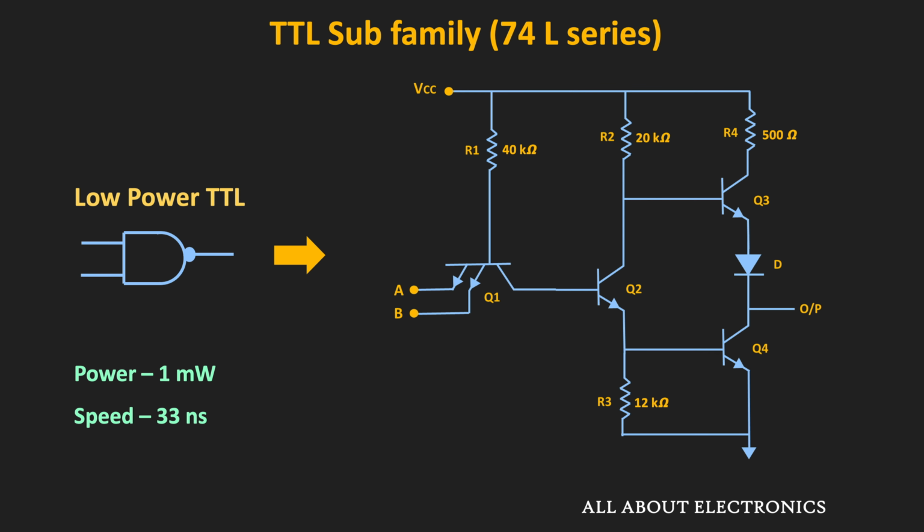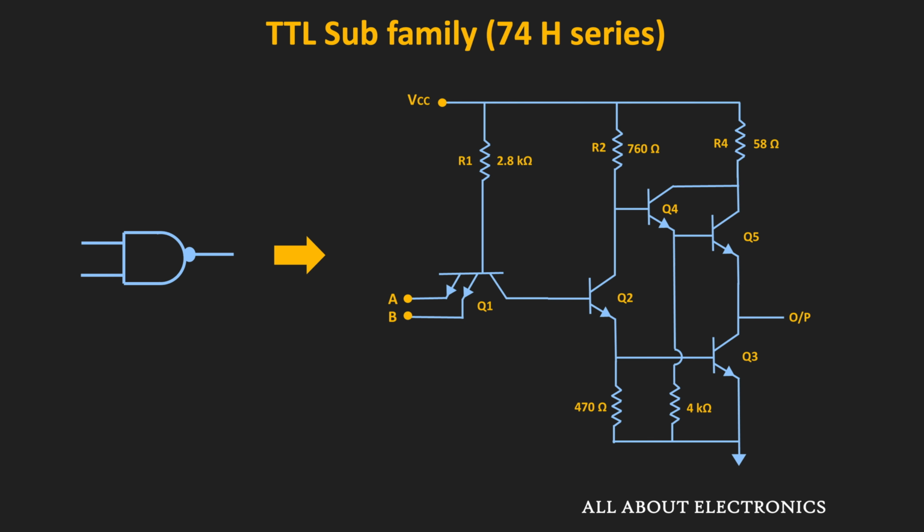Then, to increase the speed of the logic gates, the 74H series came, which is also known as the high speed TTL logic. In this version, the values of all the resistors were reduced. Because of the lower resistance values, the current in the circuit increases, and due to the higher current, the capacitive load charges faster. Due to that, we see an increase in the speed of the logic gate.